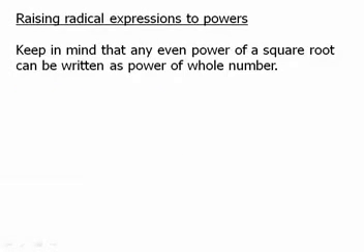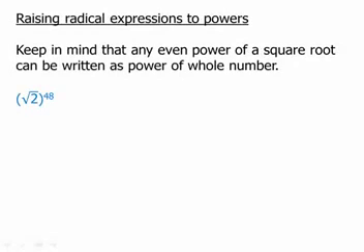Keep in mind that any even power of a square root can be written as a power of a whole number. So for example, if we had to deal with square root of 2 to the power of 48, all we have to do is realize we can write that 48 as 2 times 24, and then bring that 2 inside the parentheses.